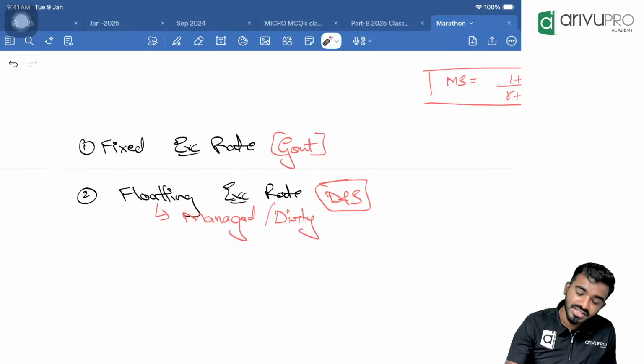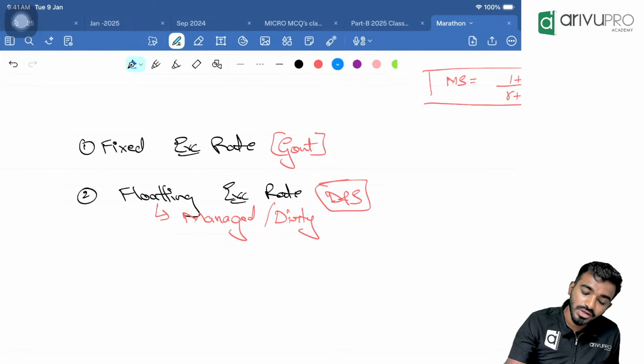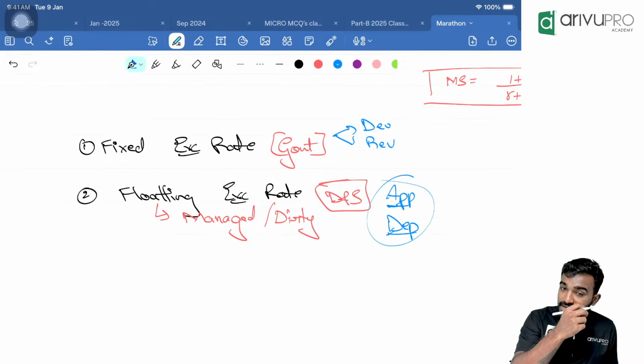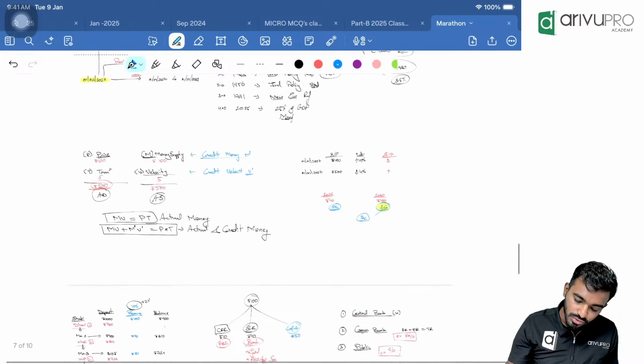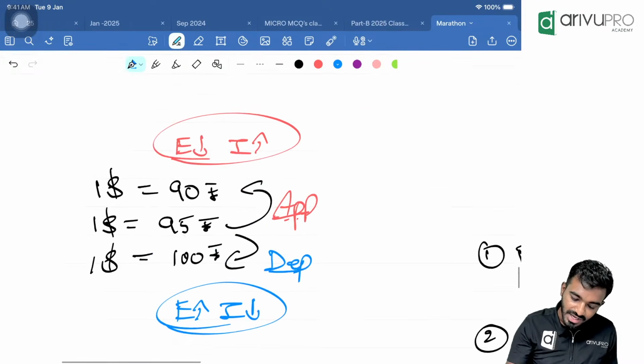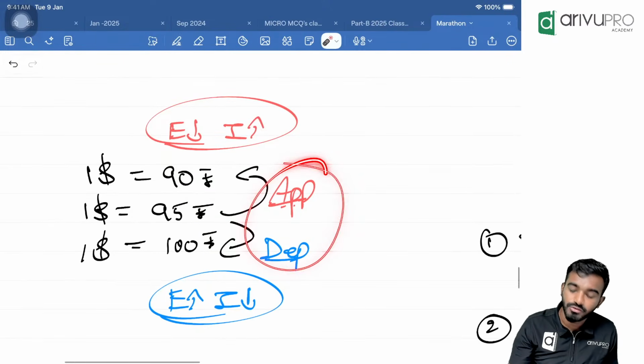Under the fixed exchange rate, any movement upwards and downwards is called devaluation and revaluation. But in floating, it is called appreciation and depreciation. Yesterday we spoke about those. Appreciation and depreciation happen in a floating exchange rate.